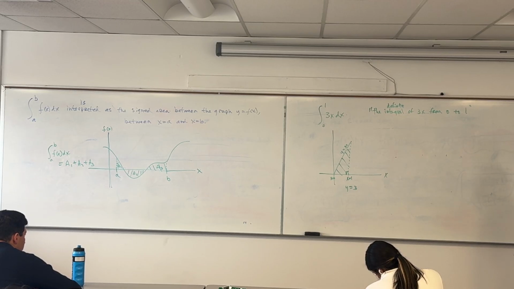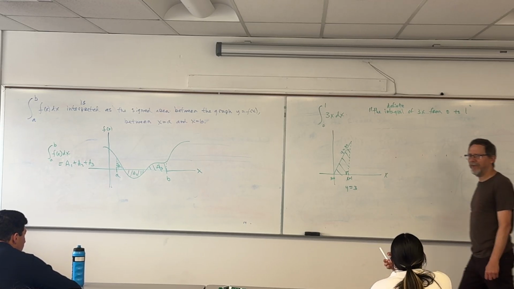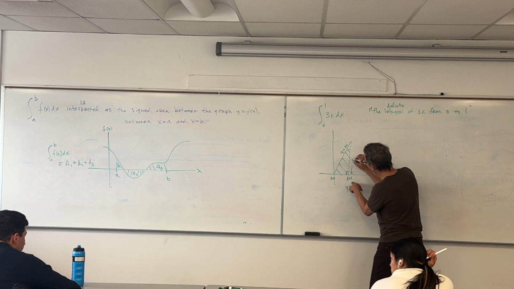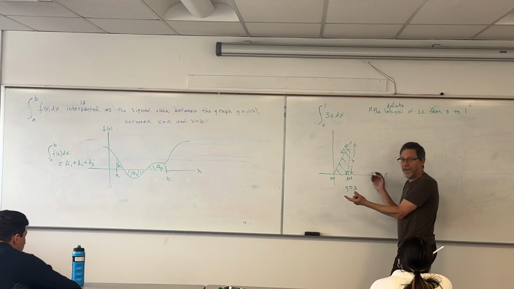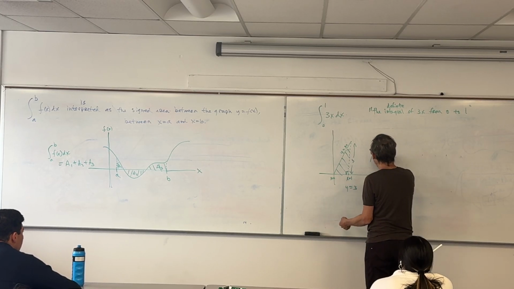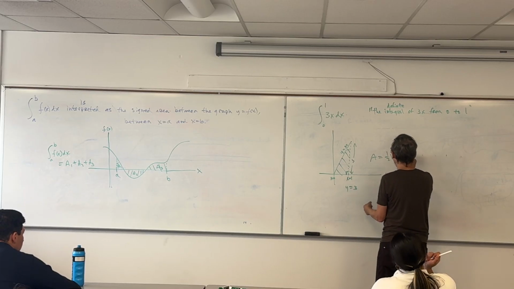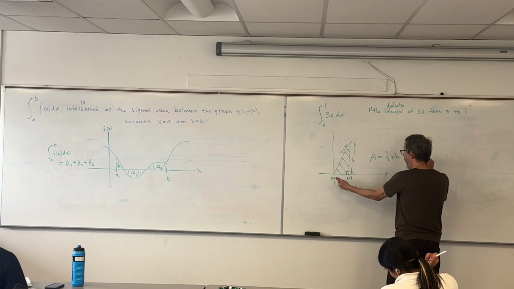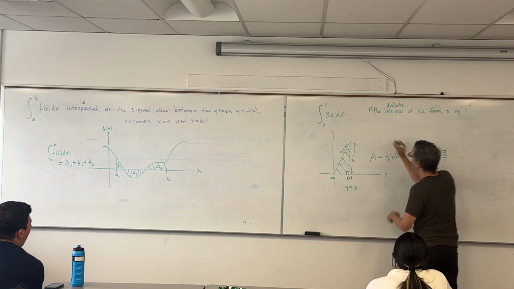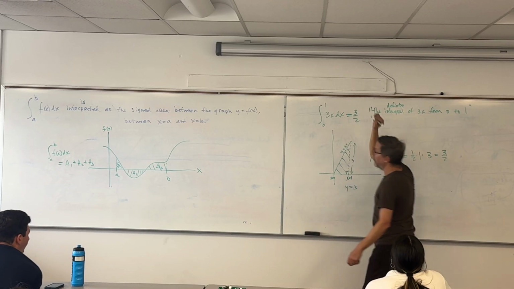What is that area? 3 halves. Because at x equals 1, this has height 3. The base is 1. It's just a triangle, right? So the area is 1/2 base times height equals 1/2 times 1 times 3, 3 halves. And that is what that is equal to.